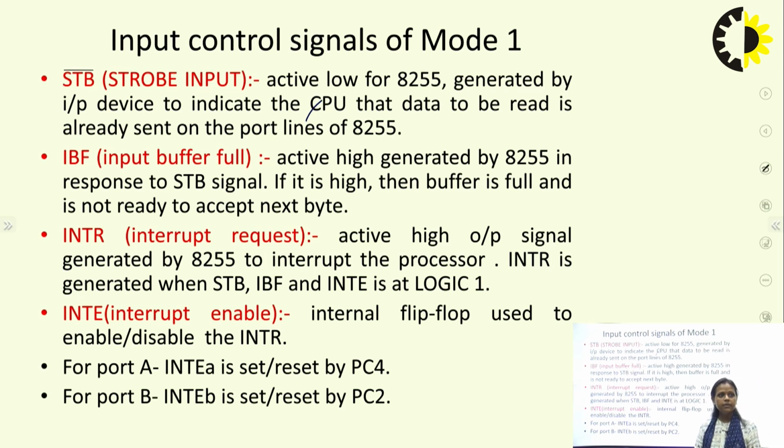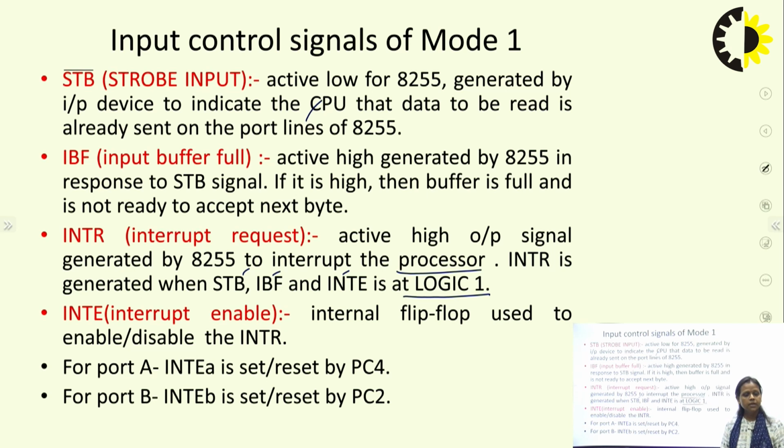The next we have the interrupt request. It is an active high output signal, generated by 8255 to interrupt the processor. So, INTR is generated when strobe, IBF and INTE all are at logic 1. So, if all these signals are at logic 1, then only the interrupt signal will be generated.